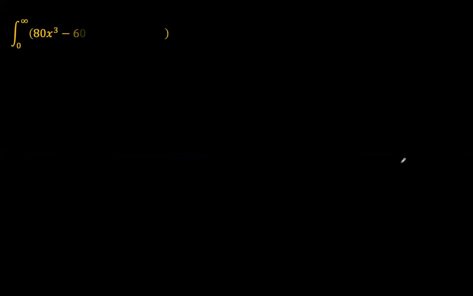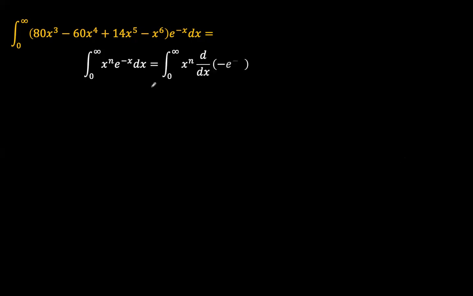This problem obviously looks ugly, but the thing that one could look at is there are so many x to the power 3, 4, 5, so we could try and see a general approach to this. If we have x to the power n times e to the power negative x, then e to the power negative x can be expressed as the derivative of negative e to the power x.